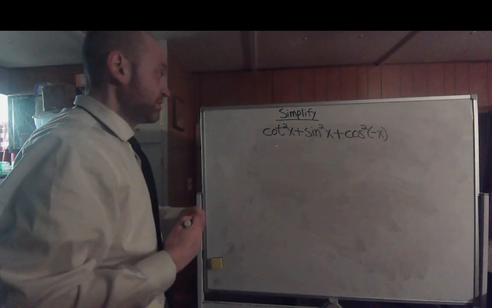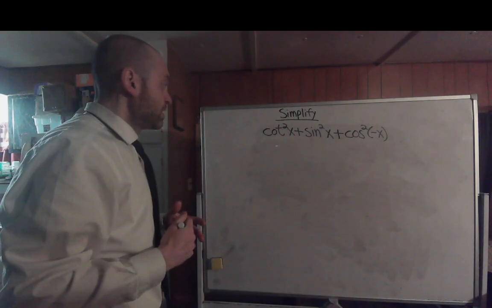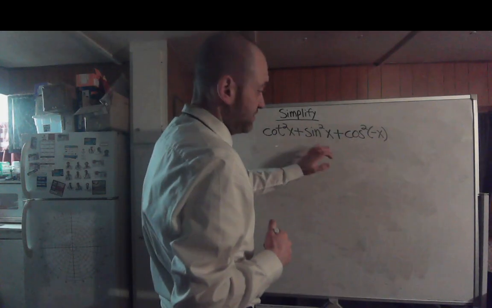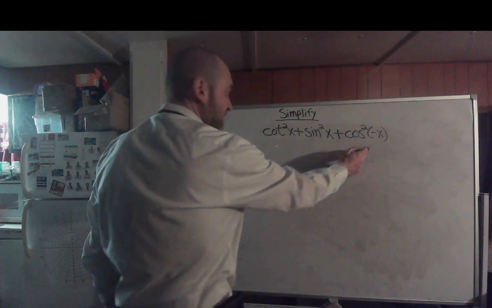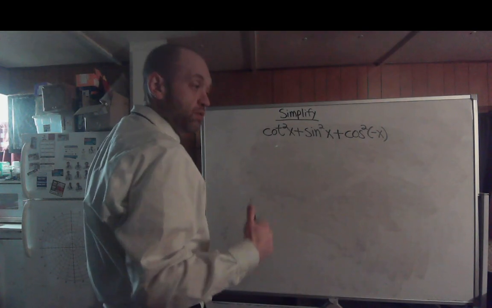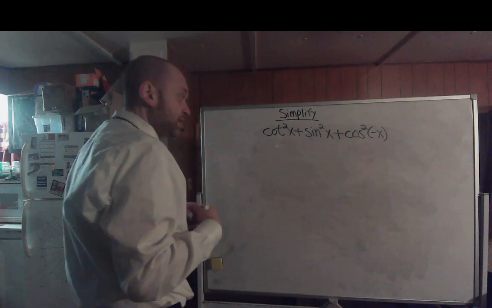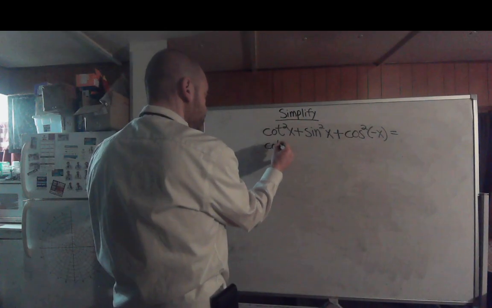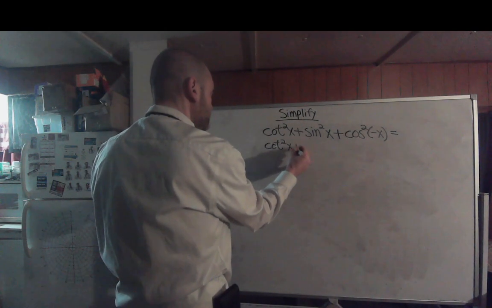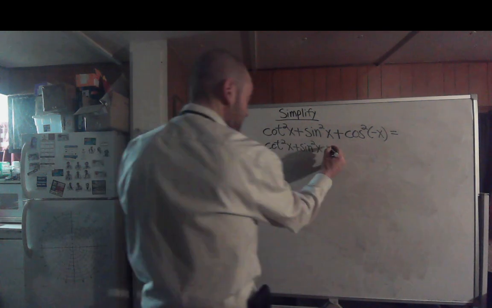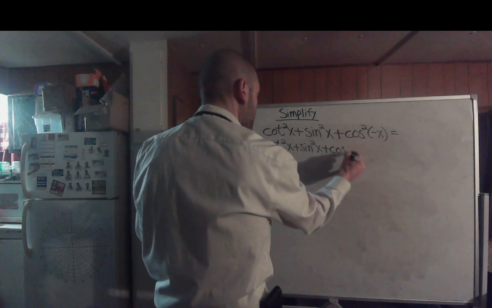So we want to simplify all that. Well, leave your cotangent alone for a minute, but even leave the sine alone for a minute. What's that cosine squared of negative x? Well, we know the cosine of negative x is the cosine of positive x. So this would actually turn into the cotangent squared of x plus the sine squared of x plus now the cosine squared of positive x.